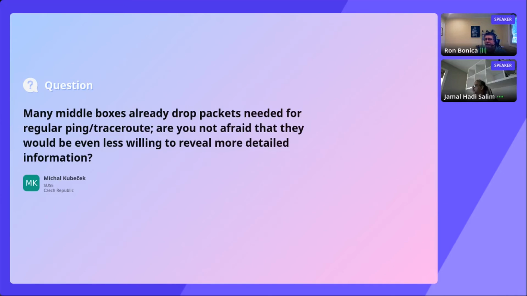Send more information, but only to the nodes that they feel are inside their trust domain, maybe their NMS. And by the way, that's true for ping, but not traceroute. Traceroute, you just have to disable the entire feature.